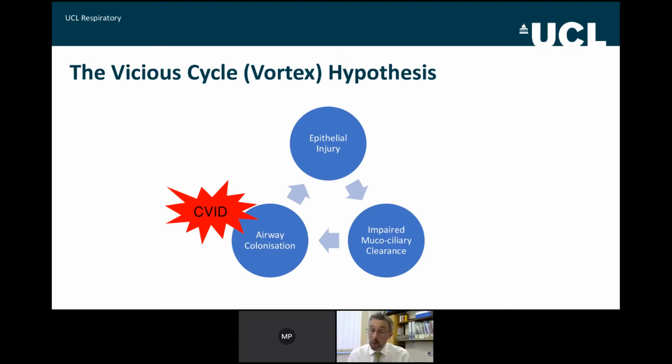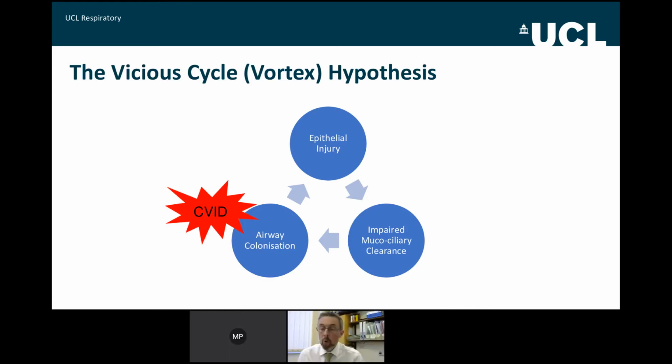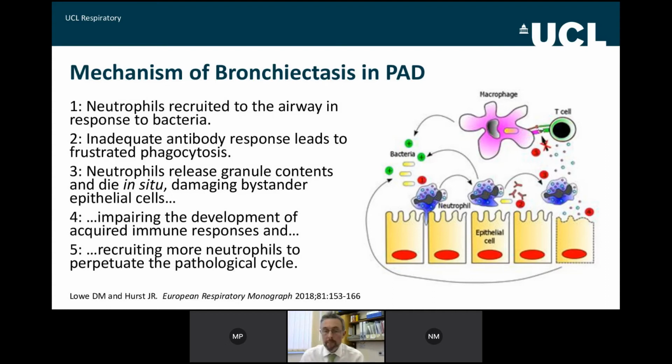The idea behind this diagram is that it doesn't really matter where you get into that cycle, but once you're in the cycle, it continues. So probably the mechanism in people with primary antibody deficiencies, such as CVID, is that they're more likely to have developed airway colonization. But once you're in, the cycle can continue unless it's being managed effectively.